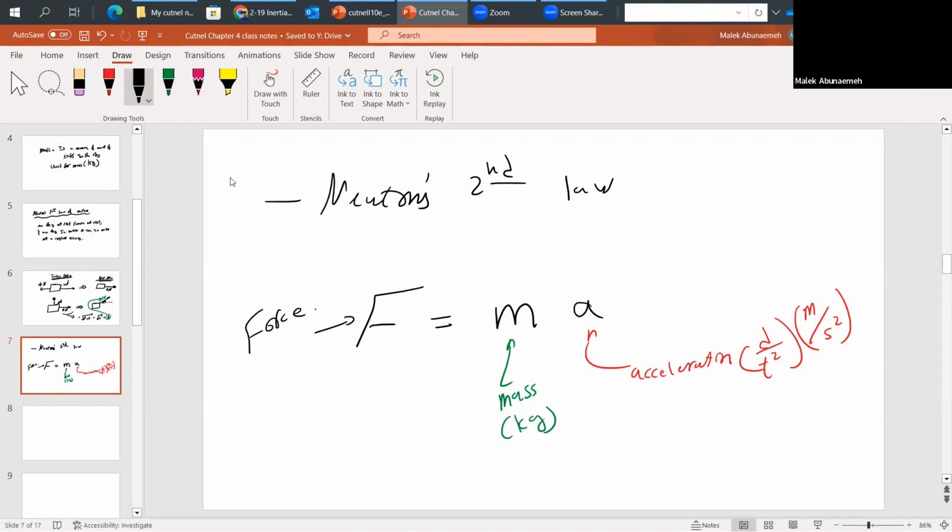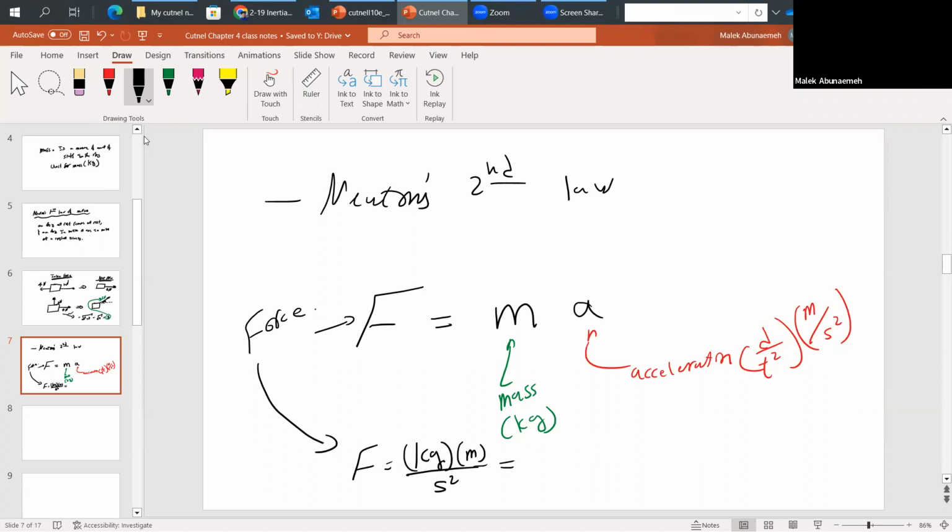Now, looking at this force, let's talk about it for a second. Your mass is in kilograms, and your acceleration we define as meters per second squared. Actually, let me go ahead. Yeah, so you give me parentheses, so you get kilograms meters per second squared.